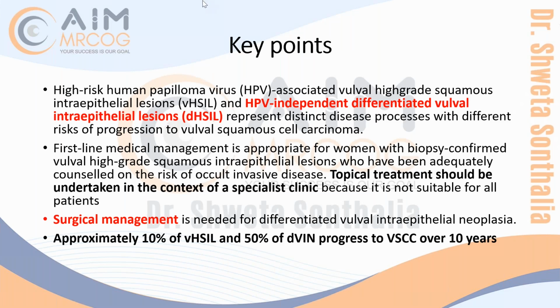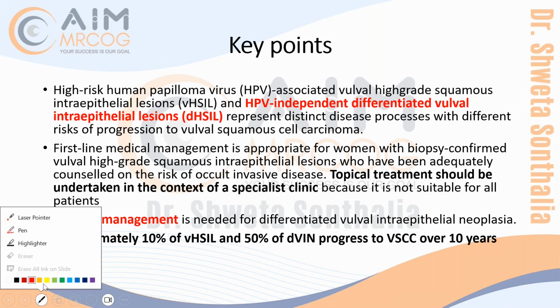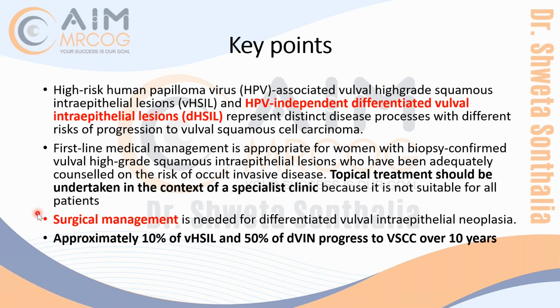If we talk about the key point of this talk, earlier the classification used to say usual type VIN and differentiated type. Now they have changed it. The classification has been changed, and they say that the high-risk human papilloma virus related VIN are called vulval high-grade squamous intraepithelial lesions.